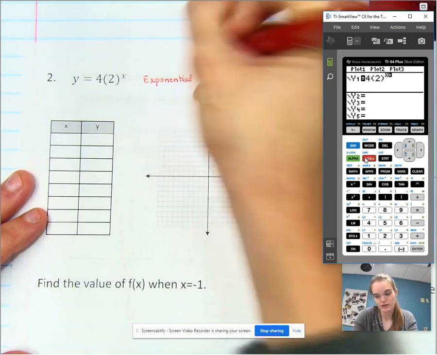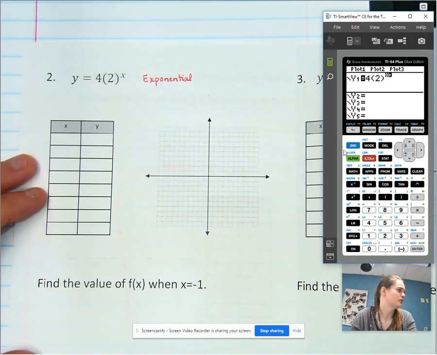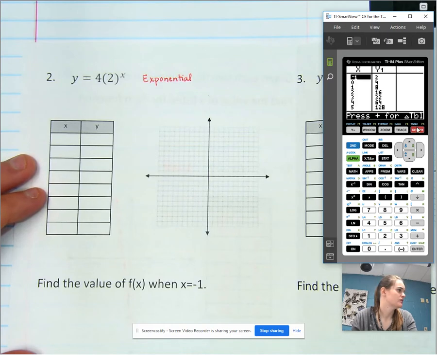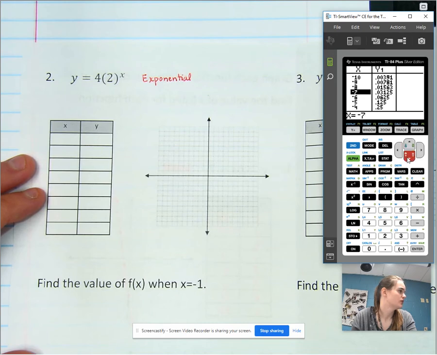So we might not want decimals. That's why we're not going to fill out the table until we see it. Second table. Oh, we don't have that many decimals. All right, let's go down. We don't want all those decimals. Let's graph the first one that's not a decimal.